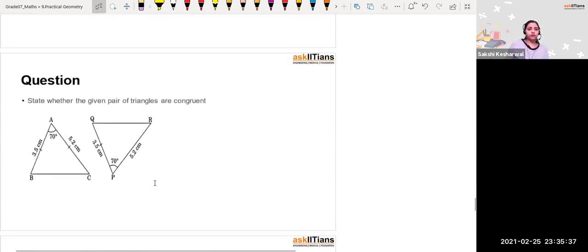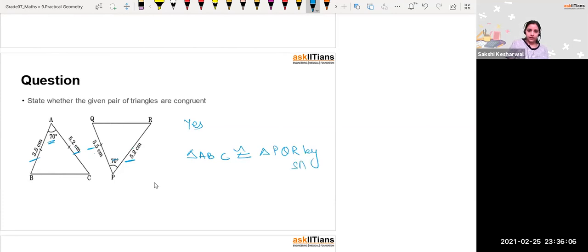Now, state whether the given pairs of triangles are congruent or not. Just check: it's side, angle, side. It's 3.5 and 3.5, 2.5 and 5.2 with 5.2, and 70 degrees and 70 degrees. Yes, now how are we going to write? We go from ABC, writing triangle ABC, starting from 3.5 and then BC. Here you also start the same way: triangle ABC is congruent to triangle PQR by the SAS rule.